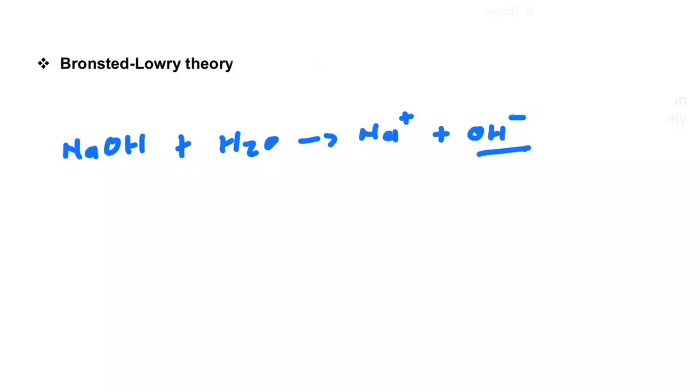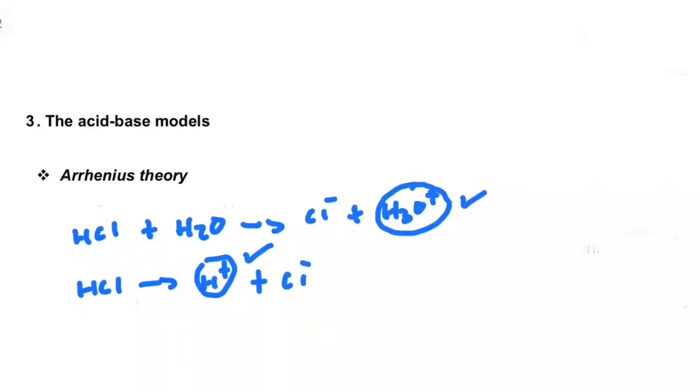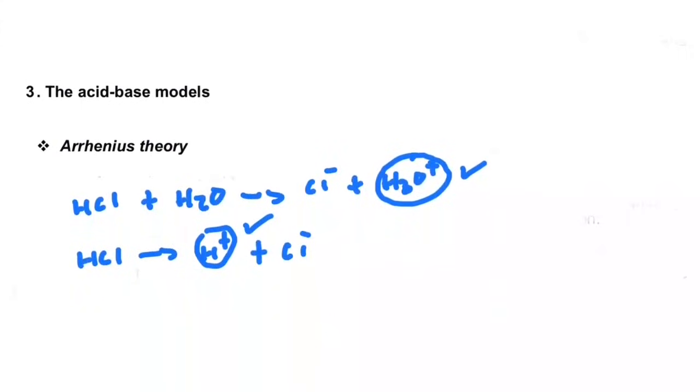Do you understand what is going on? Not really, especially on acids. Okay, what is the issue there with the acids? Okay, so it was said that HCl plus H2O gives us H3O plus and Cl minus, right? Yeah. But here he said HCl gives us H plus and Cl minus.